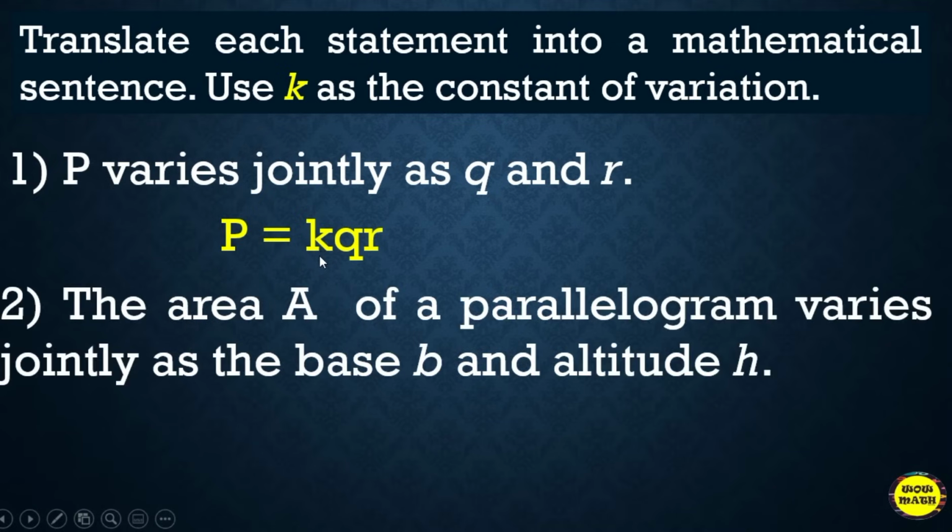Another, the area A of a parallelogram varies jointly as the base B and altitude h. So, A equals, jointly as base and altitude h, so that is A equals KBH.